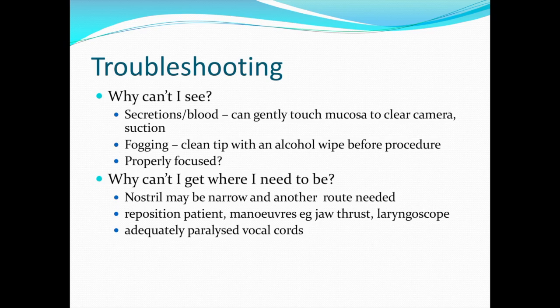And sometimes paralyzing the vocal cords adequately can help you to get past this and into the trachea. If in doubt, get senior help. This is a very important thing to remember.